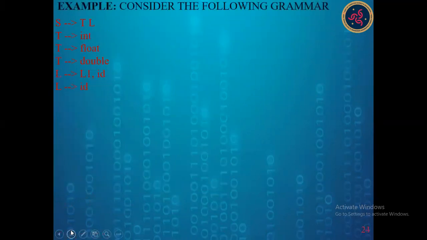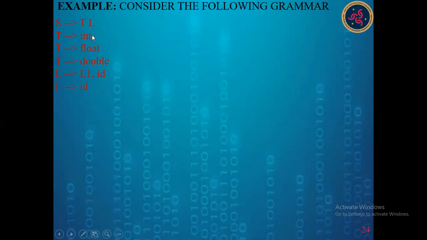Consider the following grammar: S gives T L, T gives int, T gives float, T gives double, L gives L1, id and L gives id. This is a grammar for a declaration statement, like int A, B, C.